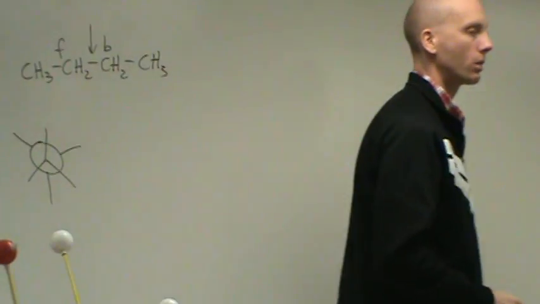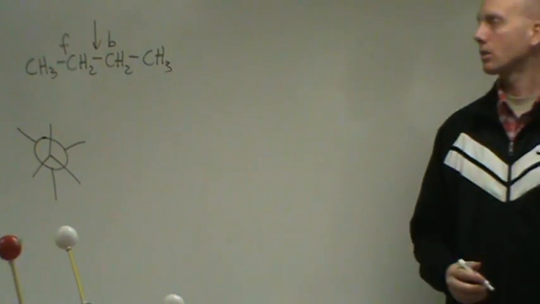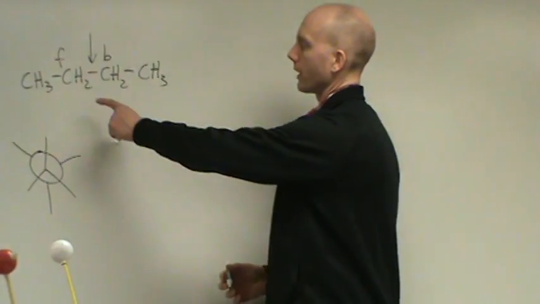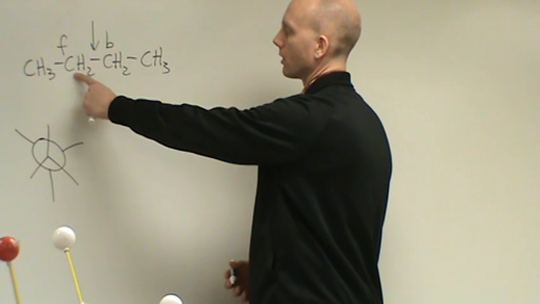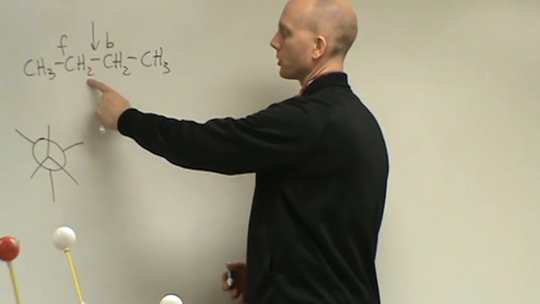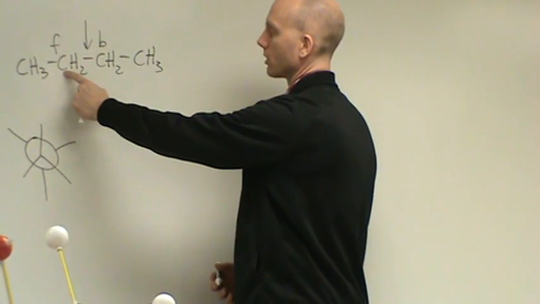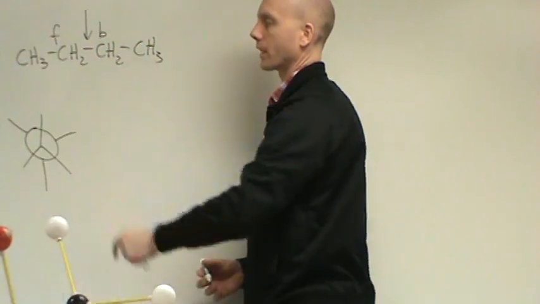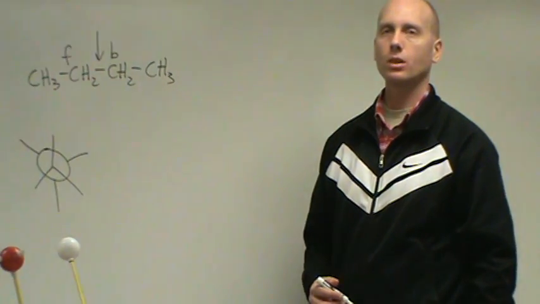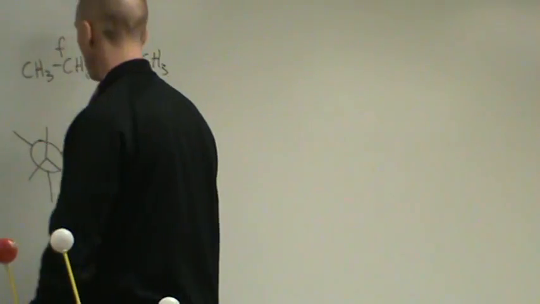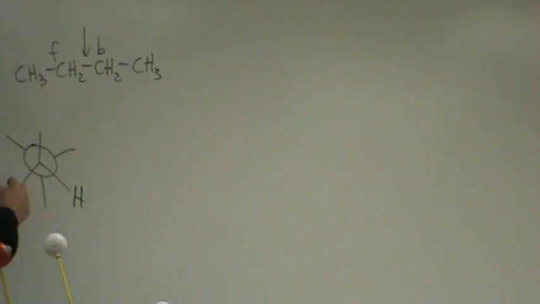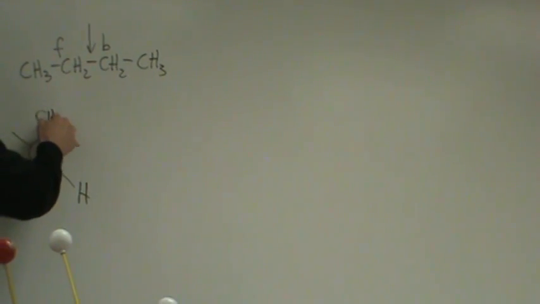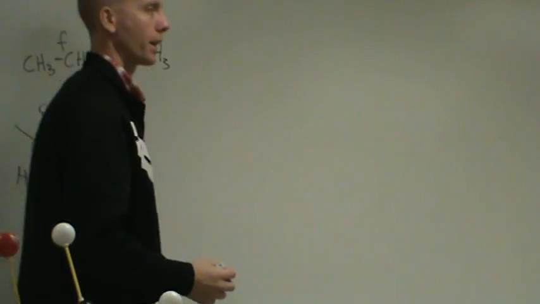So let's make my Newman projection, showing my front and back carbons. What does my front carbon have on it? It has 2 hydrogens, and what else? The CH3. So let's put those on the front carbon here. I have 2 hydrogens and a CH3.